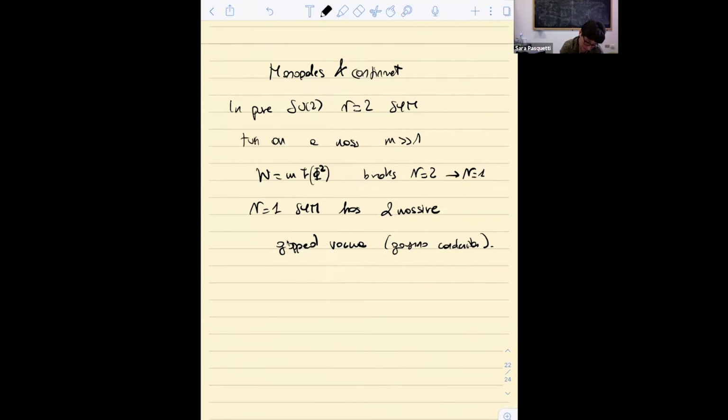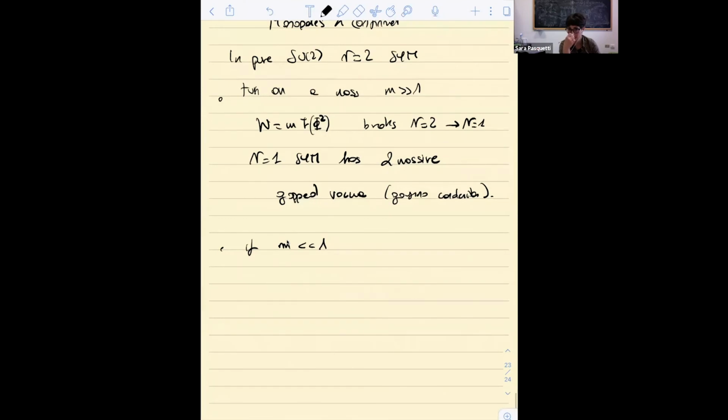Now, if instead we turn on a mass which is smaller than the strong scale, basically I am not dealing with N=2 super Yang-Mills, but as we discussed, I should be using the low energy description of the N=2 theory.